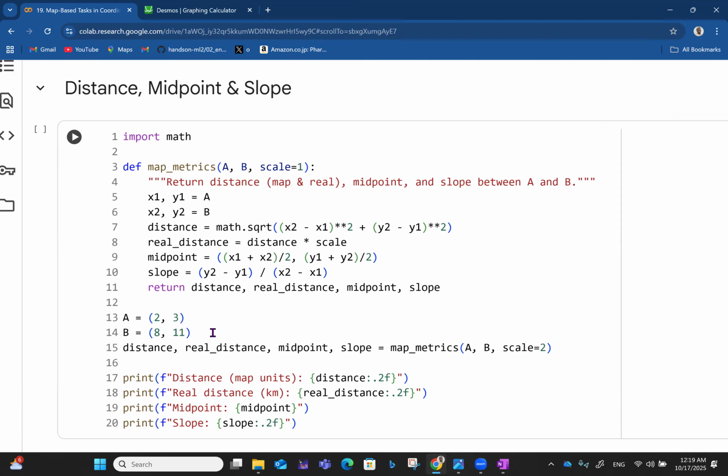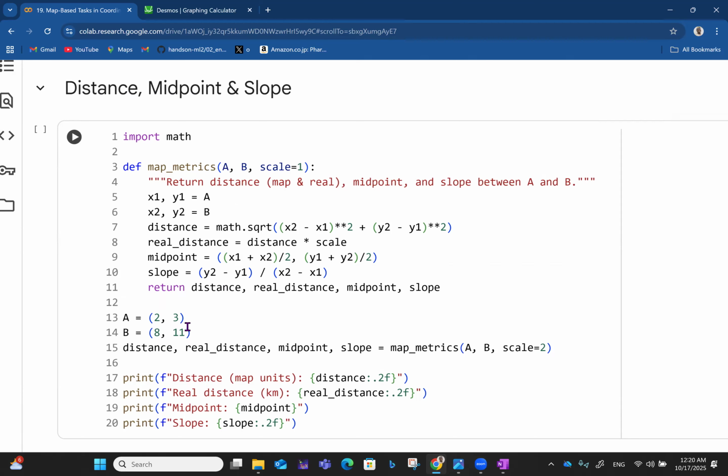So all you need to do is supply coordinates for A and B. Once you supply that, you run it, and it will give you the distance, the real distance, midpoint, and slope, which is equal to map metrics AB.